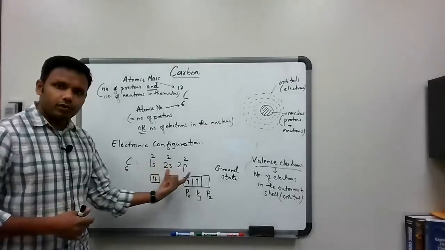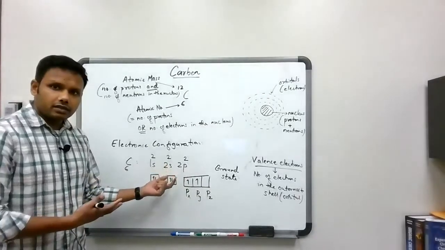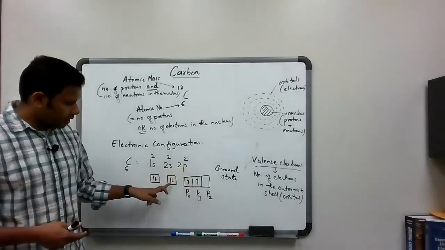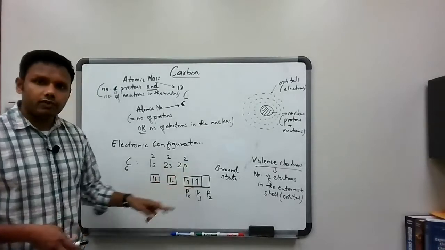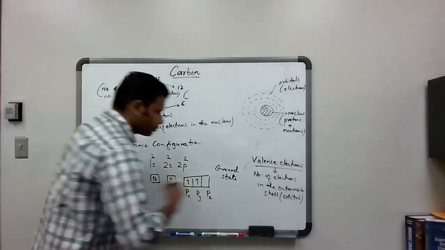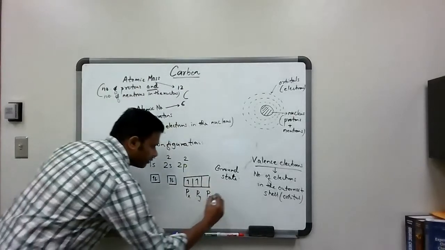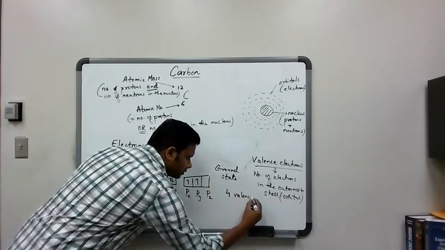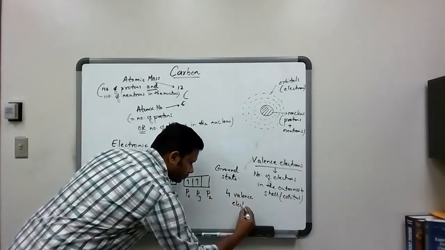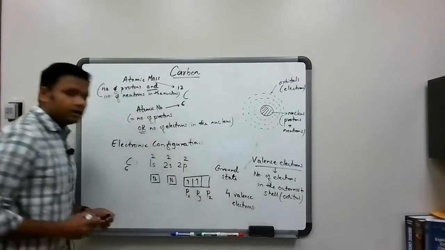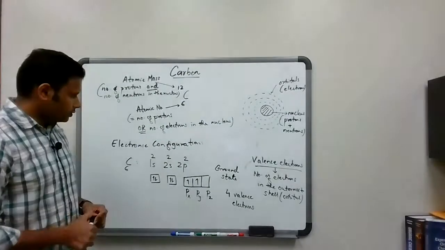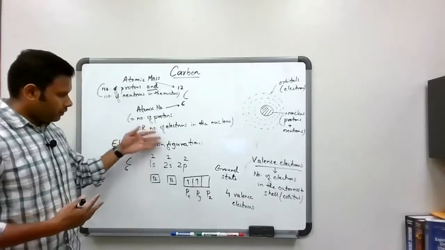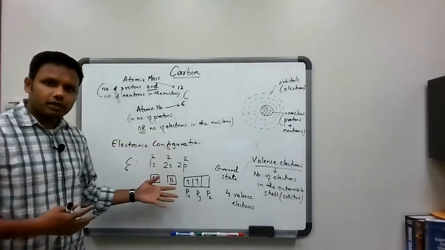So these are both in the second quantum number. So these are our orbitals. We have 1, 2, 3, 4 electrons. So for carbon, we can say that we have 4 valence electrons.